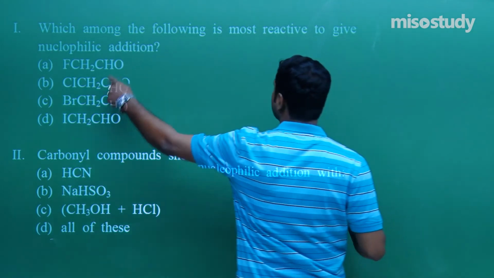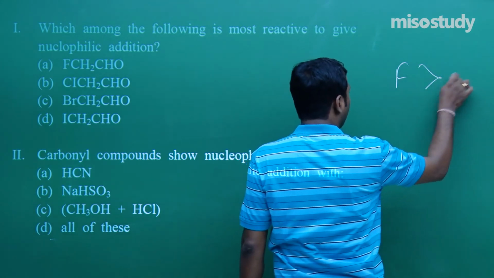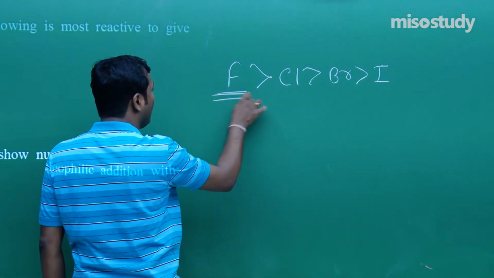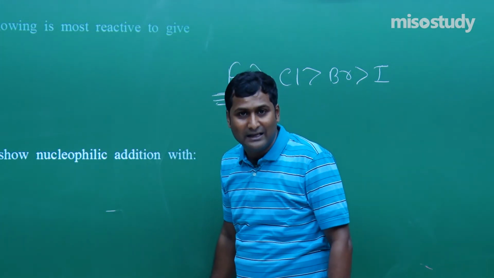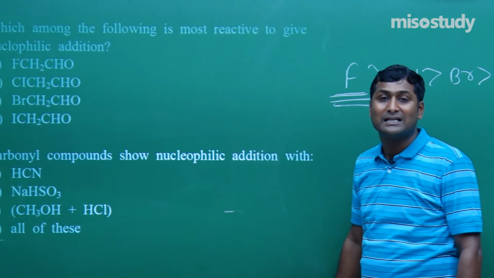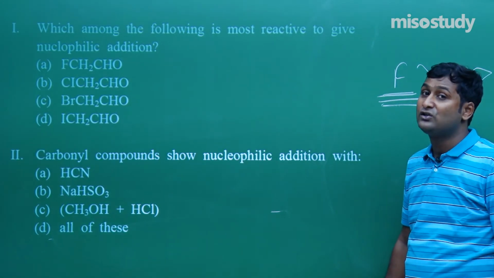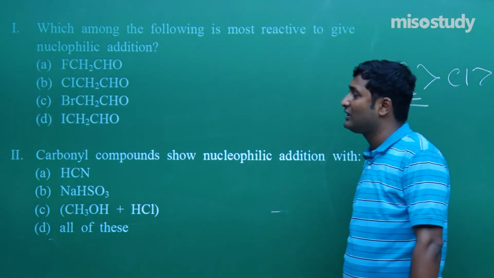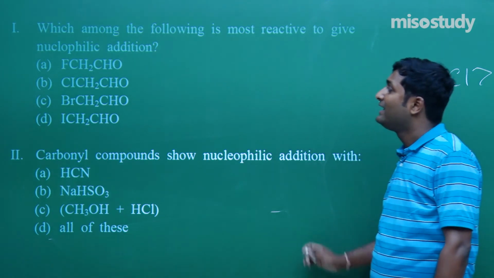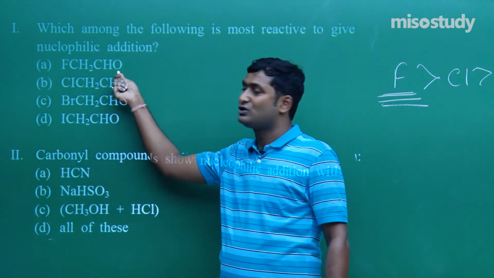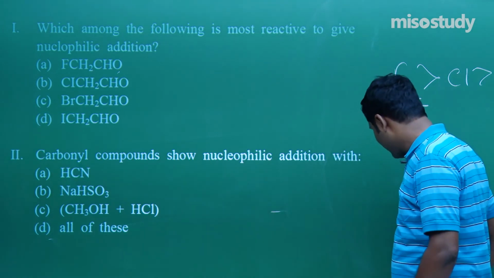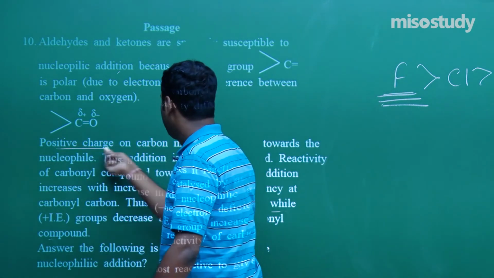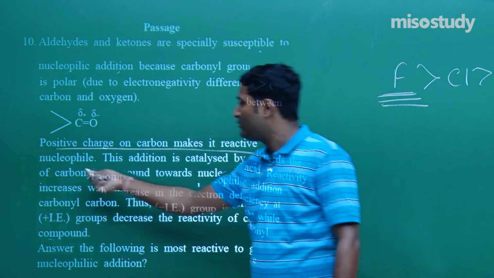If I talk about all these examples, fluorine, chlorine, bromine and iodine, fluorine is more electronegative. Clear? That is a powerful minus I effect. So in this case, which will undergo nucleophilic addition reaction more powerfully, more easily? That is FCH2CHO. Again, read what is given here. Positive charge on carbon makes it reactive towards the nucleophile.